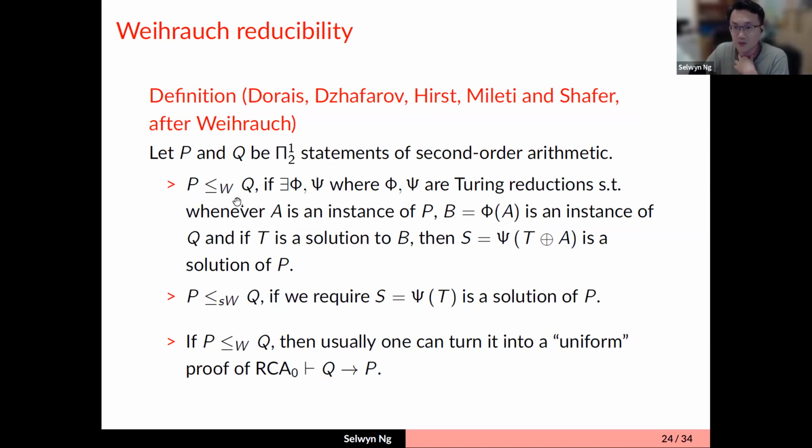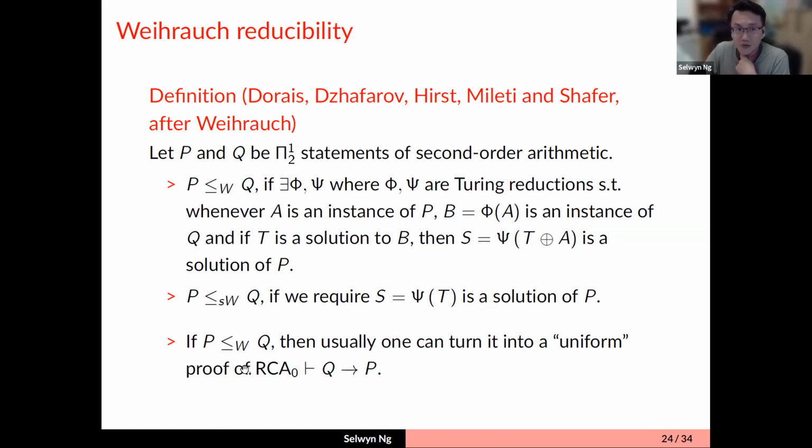So P reducible to Q means that we can find Turing reductions. Phi is the reduction of the problem. Psi is the procedure that recovers the solution. And the difference between the strong and non-strong versions is that in the strong version we are not allowed access to the original problem when computing the solution.